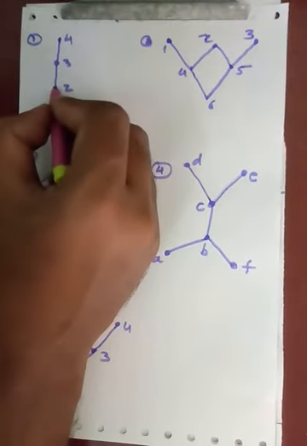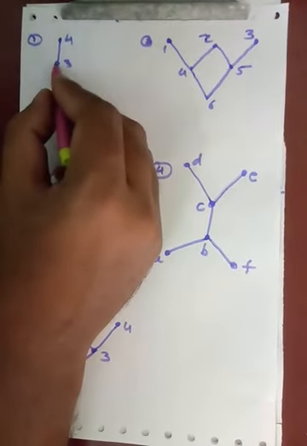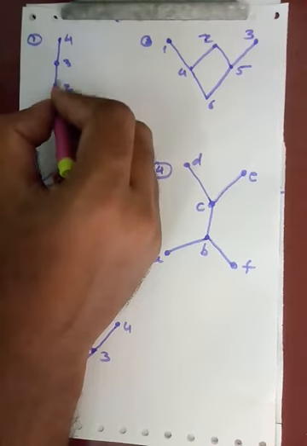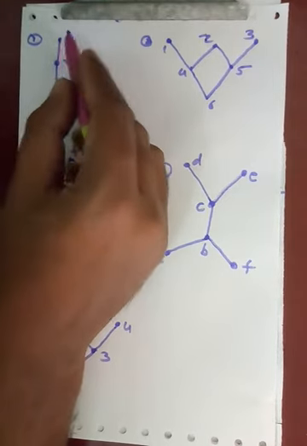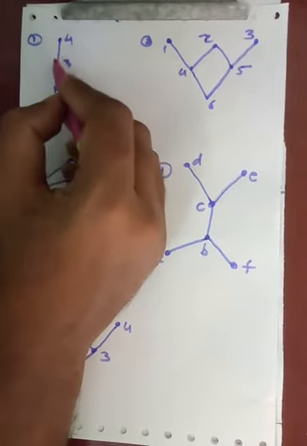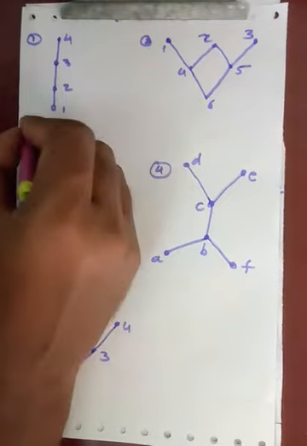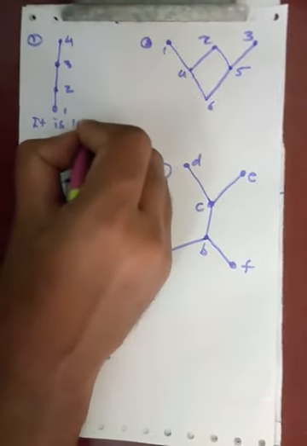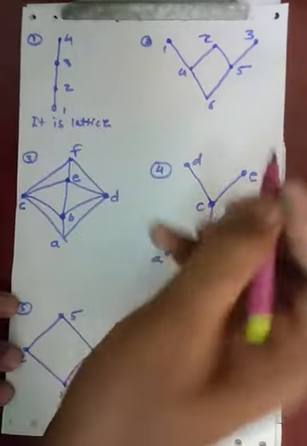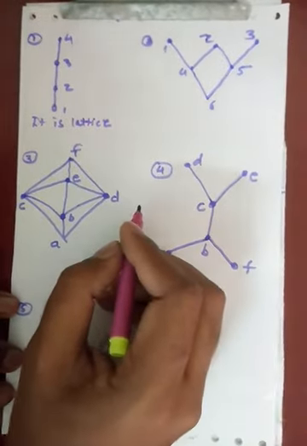For 2, 3, 2 is the greatest lower bound and 3 is the least upper bound. For 3, 4, 4 is the least upper bound and 3 is the greatest lower bound. So we can say that it is a lattice.